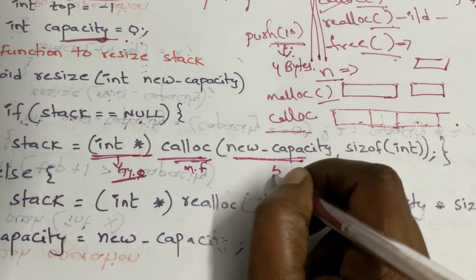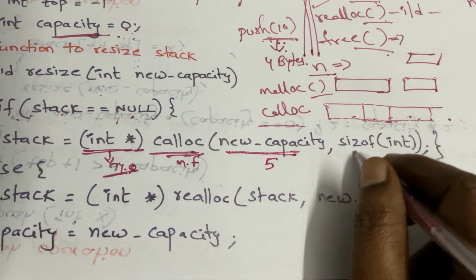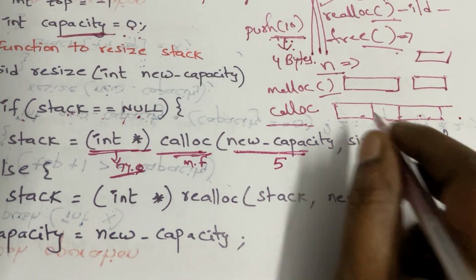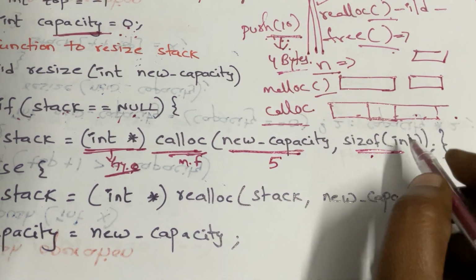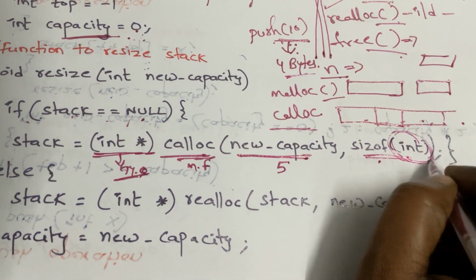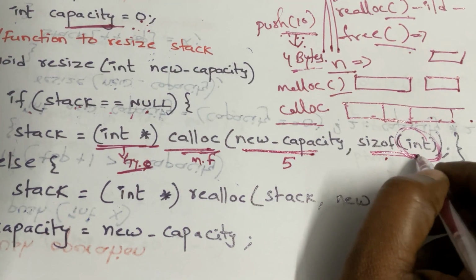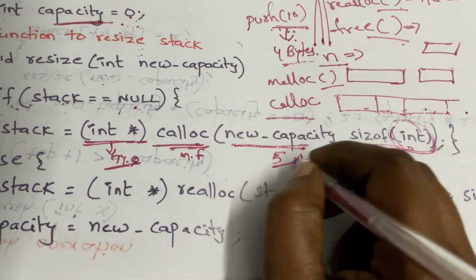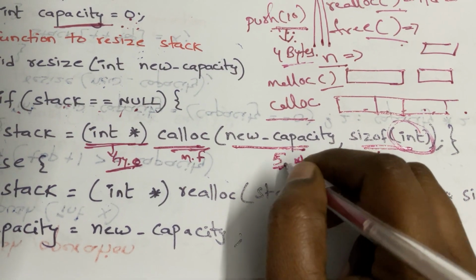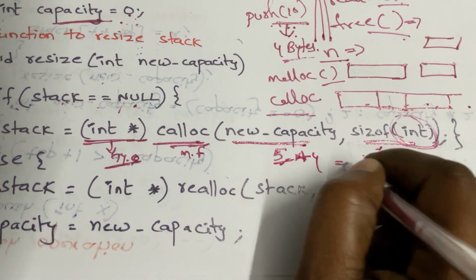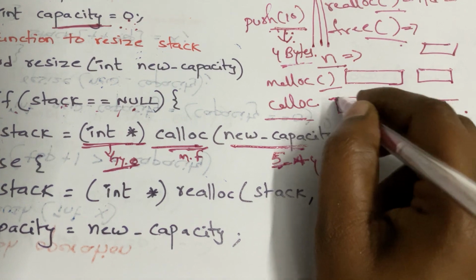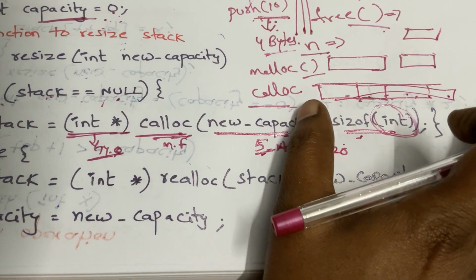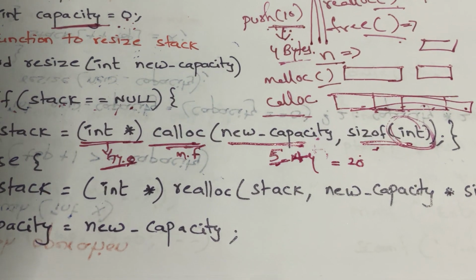Let's say new capacity is 5. Then sizeof int, because I have to create memory according to the integer. Whatever data type I am using, I have to create according to that. So 5 into sizeof int; each value will take 4 bytes. 5 into 4, a total of 20 bytes of contiguous memory, a complete block of 20 bytes will get created.